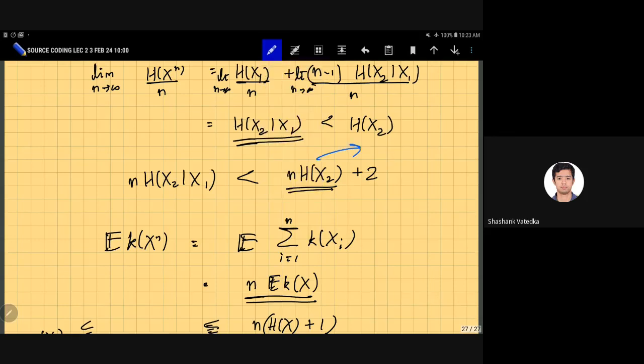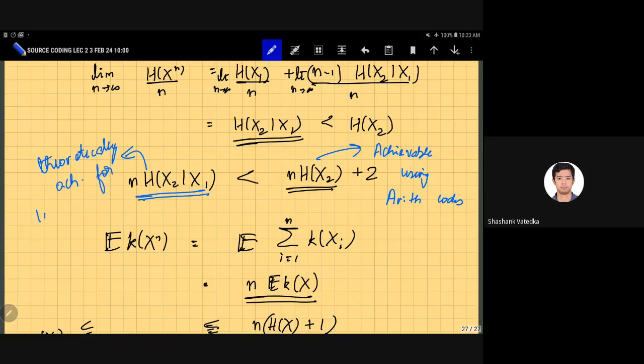This is achievable using arithmetic codes, but it is theoretically achievable for first order Markov sources.